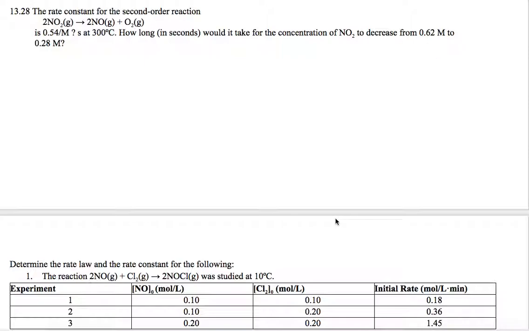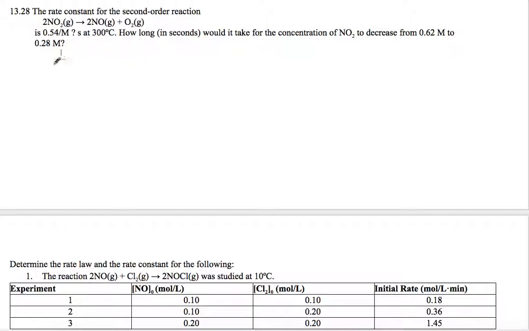Number 28 is very, very similar, only a couple differences here. First, we don't have any half-lives that we're working with, so it's just straight using the integrated rate law equation, and it's a second order reaction. So instead of using the natural log stuff, we're going to use the inverse.